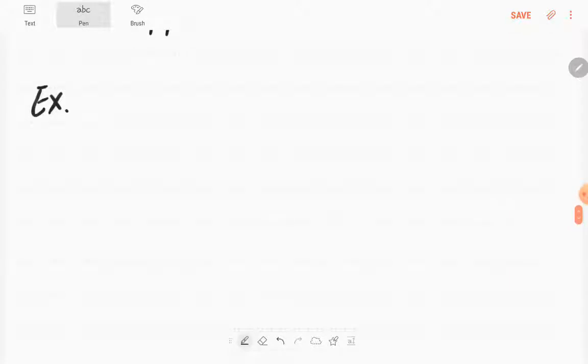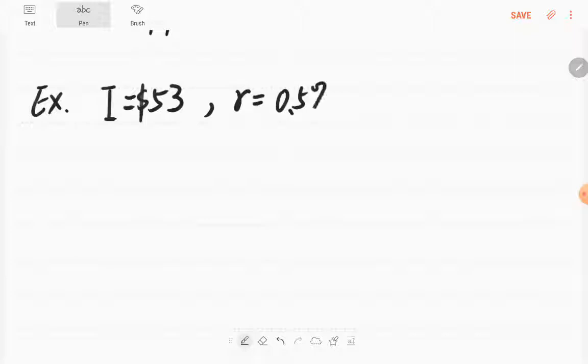Another one: I is given by $53, R, the interest rate, is 0.5%, and T is 4 years. What is P? What is the principal?